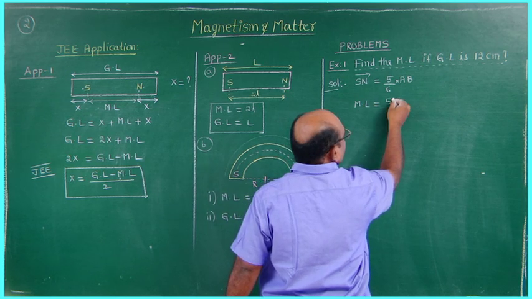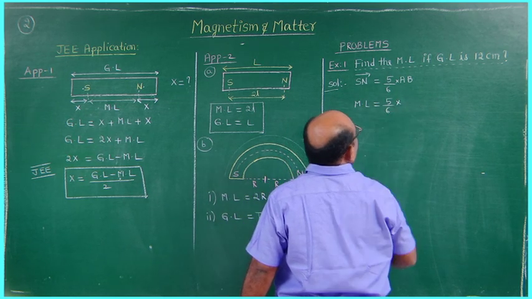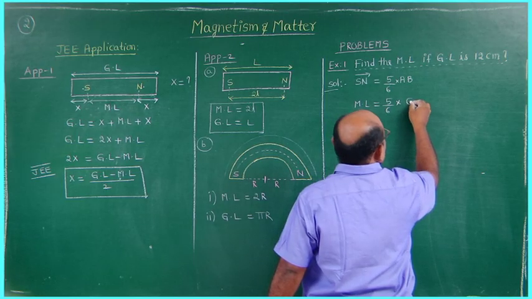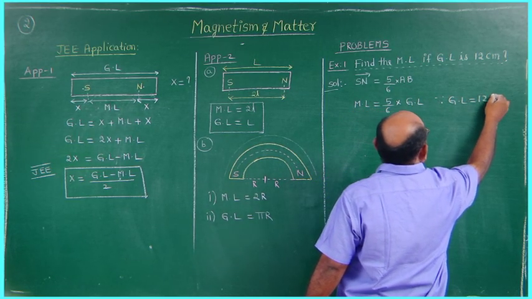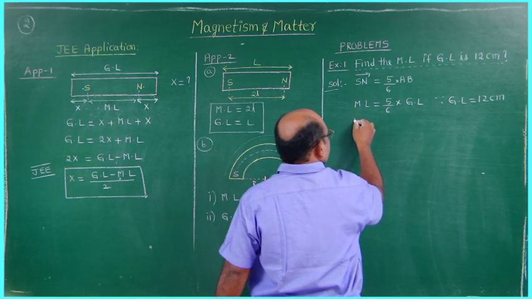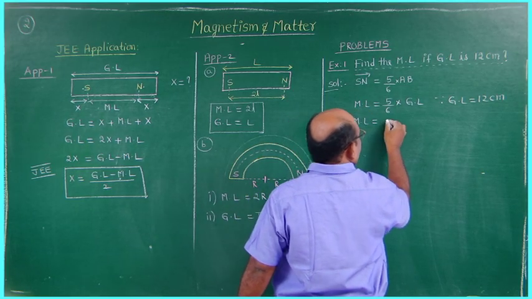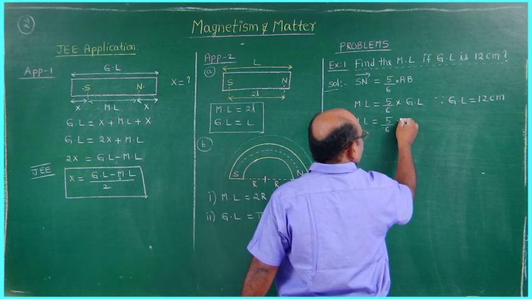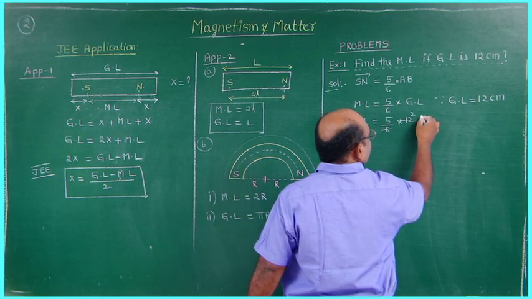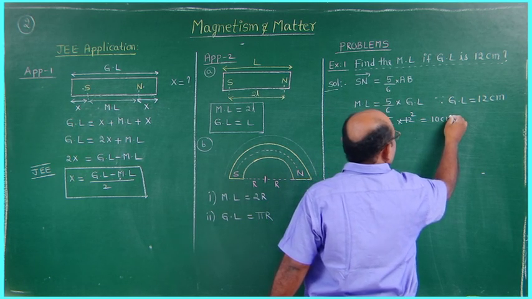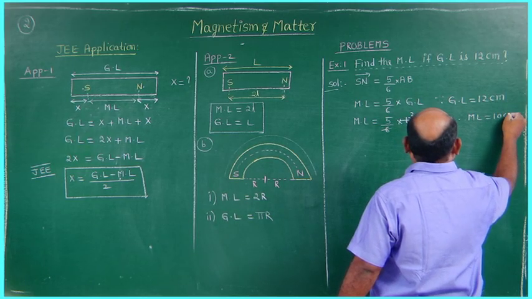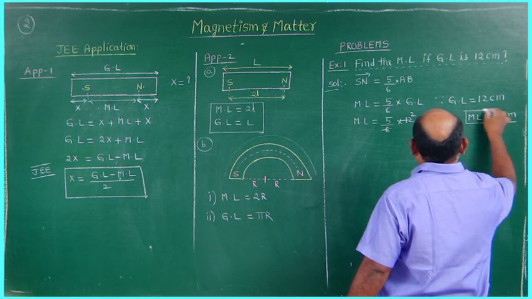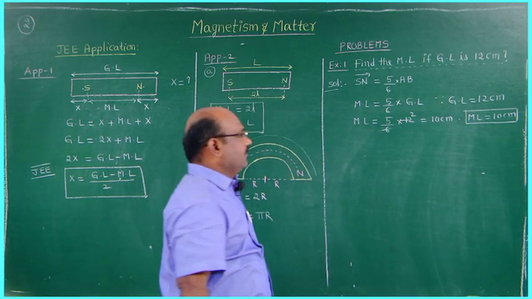Magnetic length is equal to 5 by 6 times the geometric length. They gave geometric length as 12 centimeter. So, substitute here. Magnetic length is equal to 5 by 6 into 12. So, 6 ones 6, 6 twos 12, 5 into 2, 10 centimeter. Therefore, magnetic length is equal to 10 centimeter. That is the first problem.